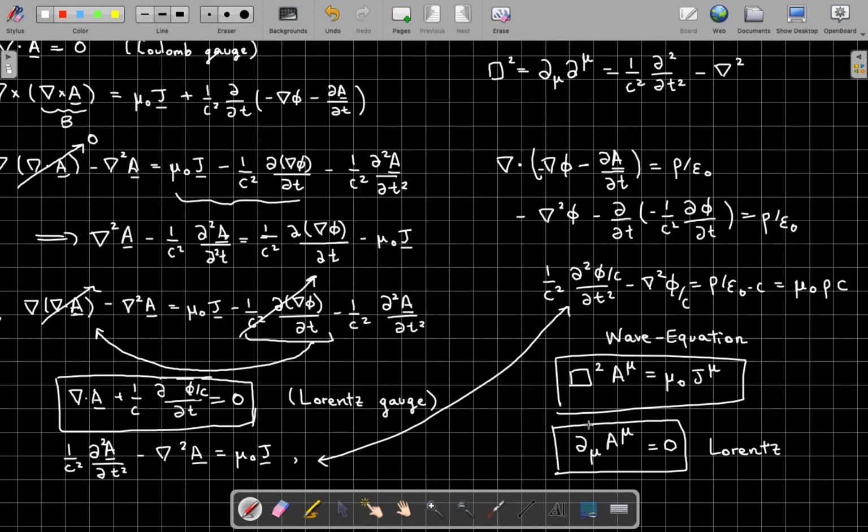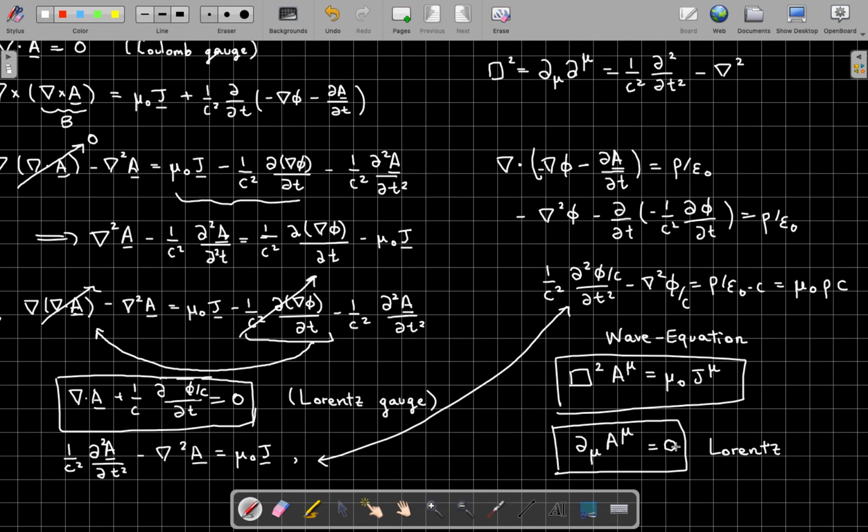So we have used our gauges and we have essentially mathematically proven that A mu is indeed a 4-vector. Why? I've got a Lorentz scalar here, I've got a Lorentz scalar here, I've got a 4-vector here. So this has to be a 4-vector, right? Because say I do a change of transformation, this won't change, this won't change, this won't change, but this will definitely change if it's not a 4-vector.